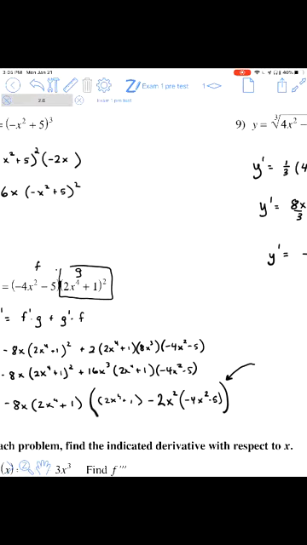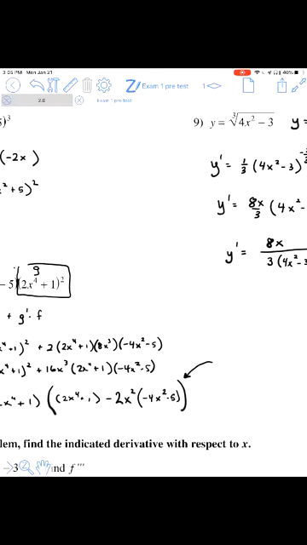So this little guy here, the big parenthesis, I've got a 2x to the 4th plus 1, and then if I multiply those two together, so let me write this down, 2x to the 4th plus 1, and then I'm going to have a plus 8x to the 4th, and then a plus 10x squared. So that's going to be 10x to the 4th plus 10x squared plus 1.